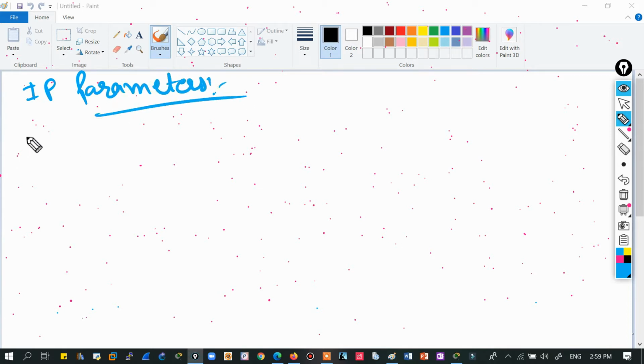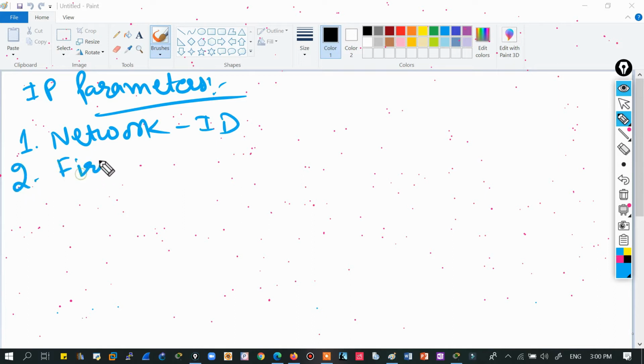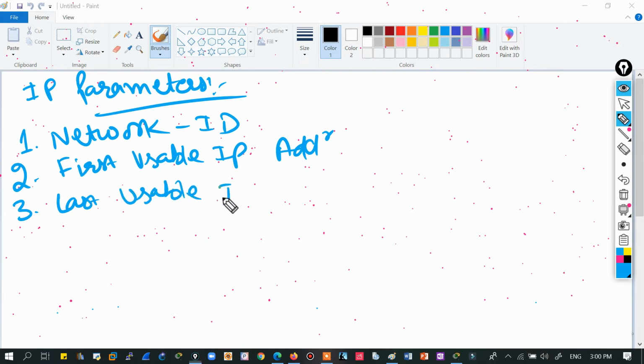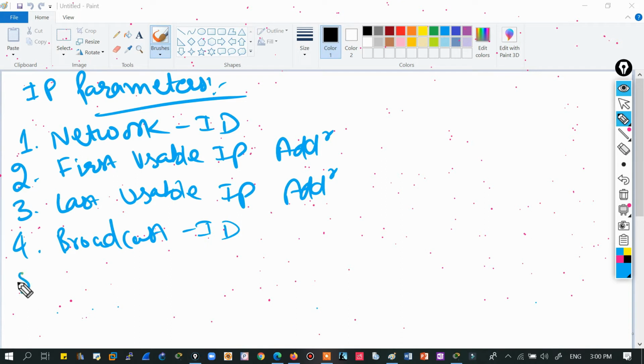What are those IP parameters? First of all, network ID. Then there is the first usable IP address, then the last usable IP address, then the broadcast address or broadcast ID, and then finally there is the IP range.